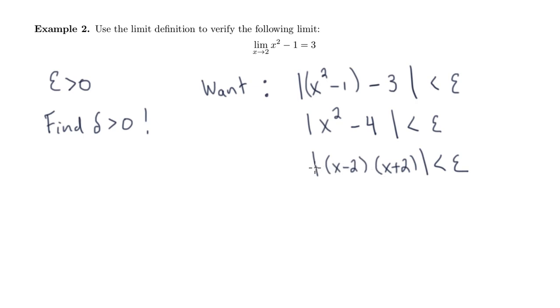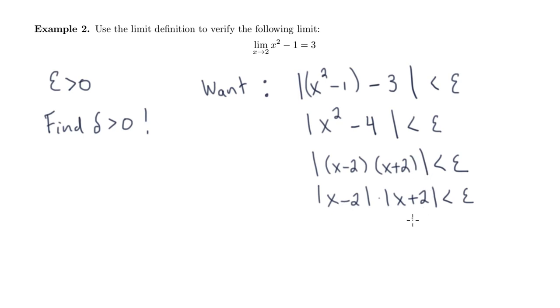And the absolute value of x minus 2 times x plus 2 is really the same thing as the absolute value of x minus 2 times the absolute value of x plus 2. So now I'm almost done, right? Because if I can just divide by the absolute value of x plus 2, then I have the absolute value of x minus 2 is less than something that involves epsilon. But it also involves x.